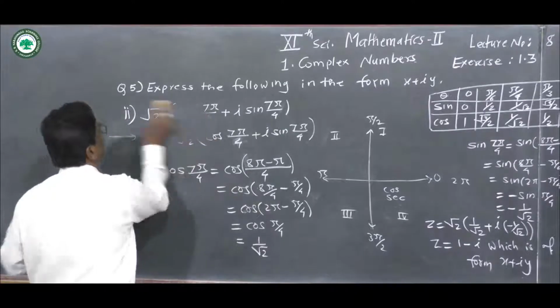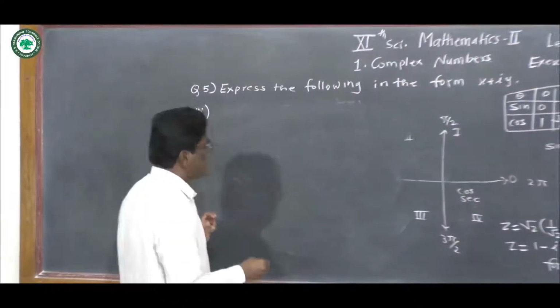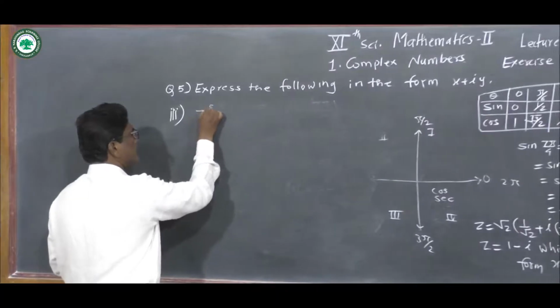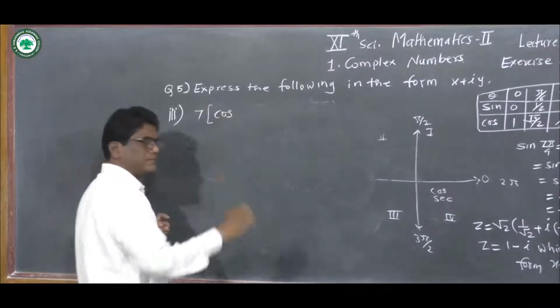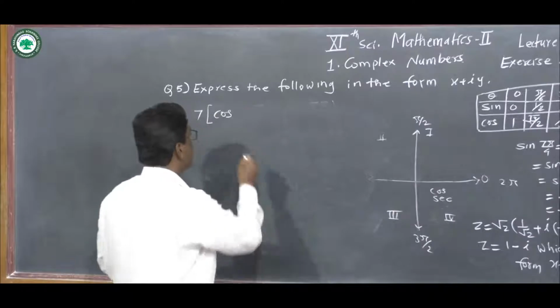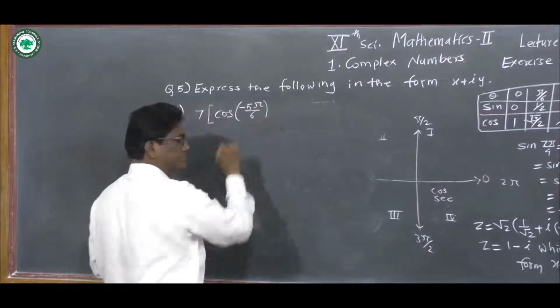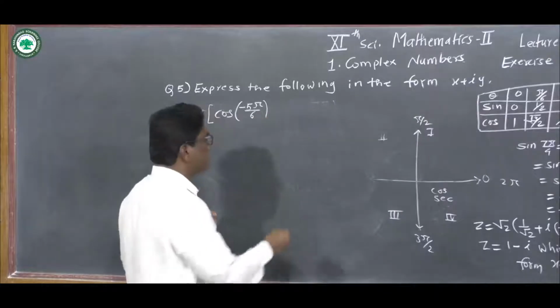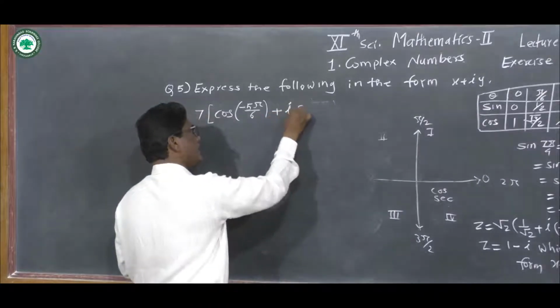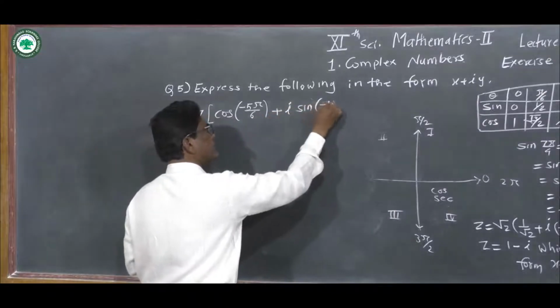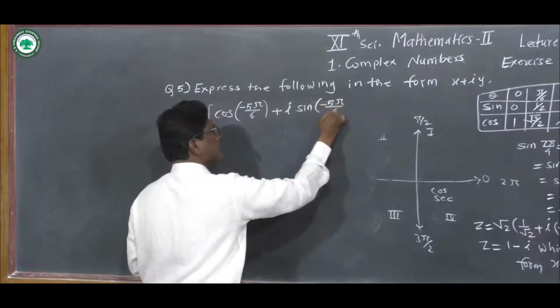So let us see the third problem also: 7 in the bracket cos of minus 5 pi by 6 plus i into sine of minus 5 pi by 6.